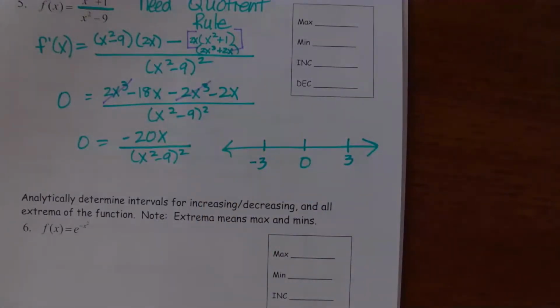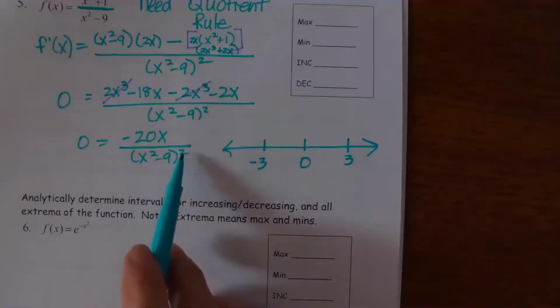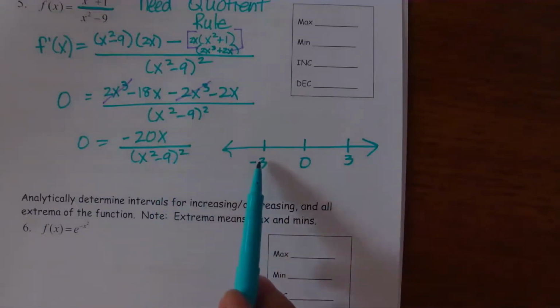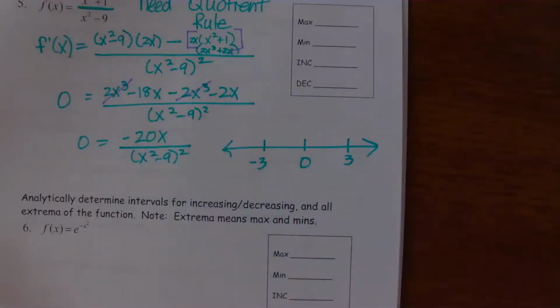Now tell me, at negative 3, are we going to have a sign change? What is the factor on the bottom? The whole thing. Squared. So are we going to have a sign change at negative 3 or 3? We are not, because this is squared. It's going to keep its sign. So we only have to figure 1 out.